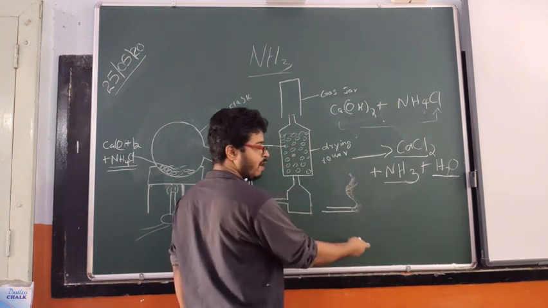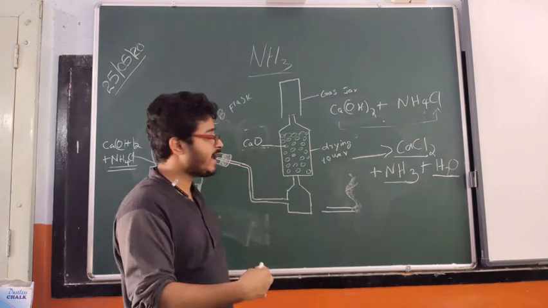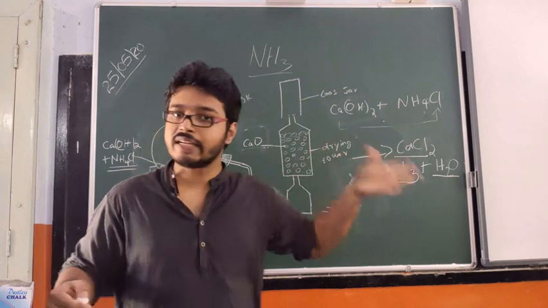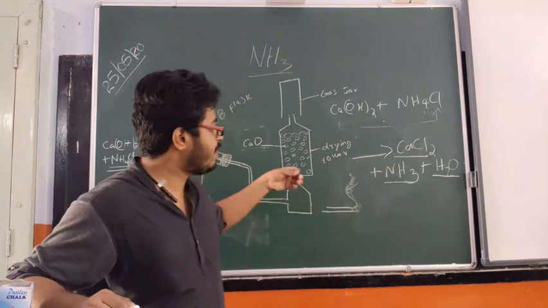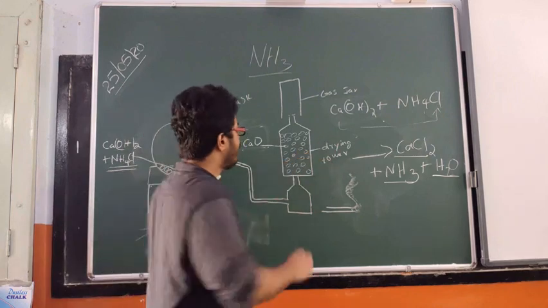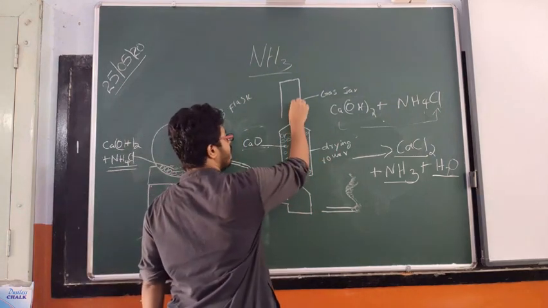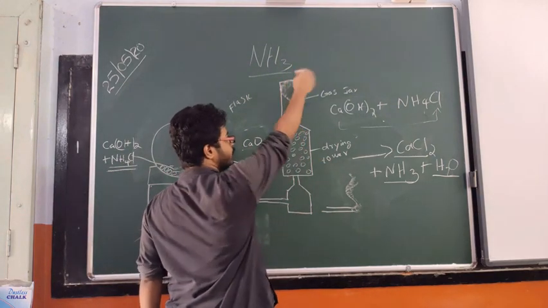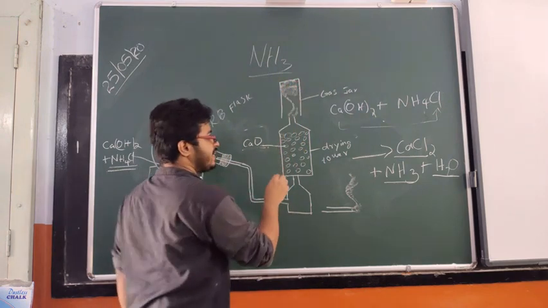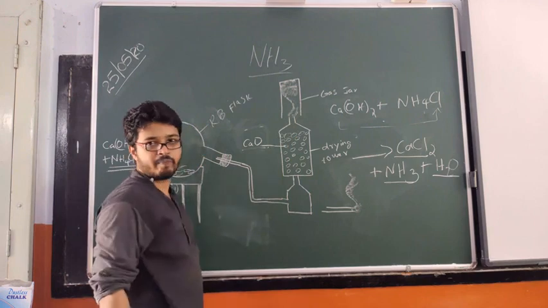HCl gas will go down since it is heavier than air. Ammonia gas goes up because it is lighter than air. So from here the ammonia will go to the top, and it will fill from the top till it reaches the bottom.